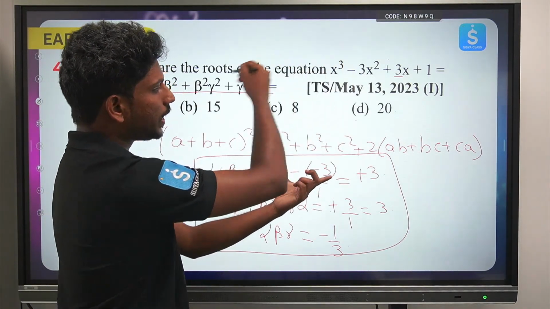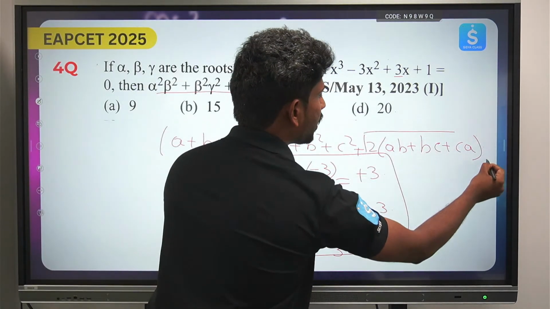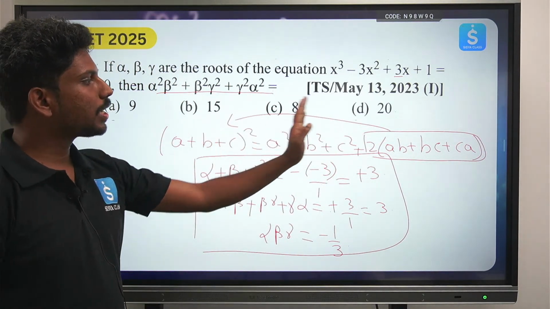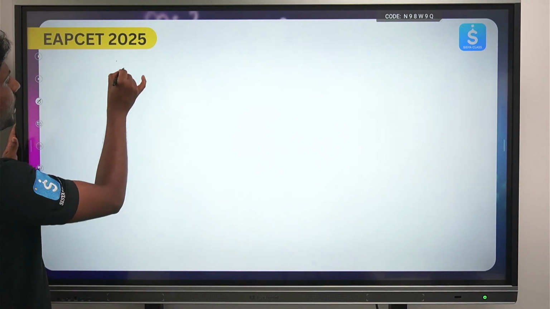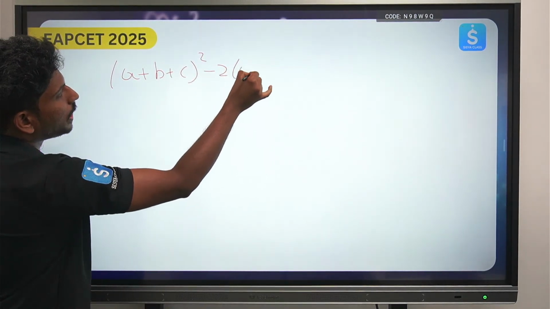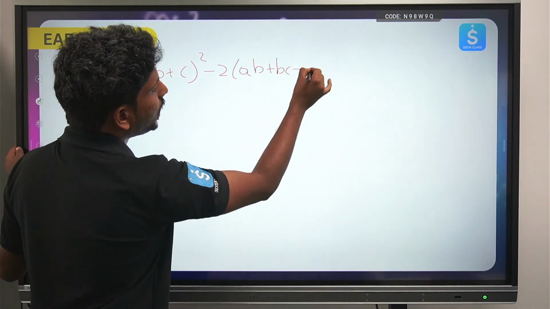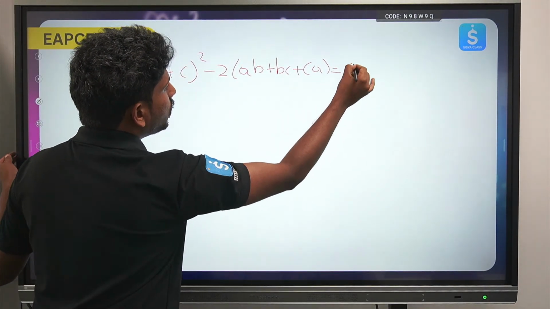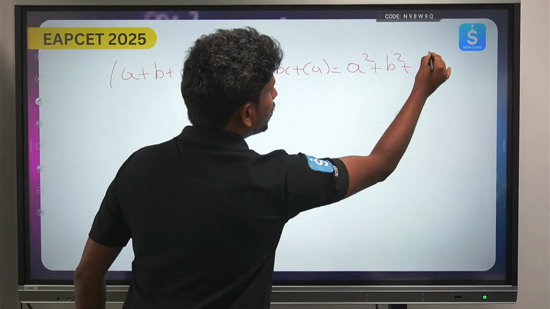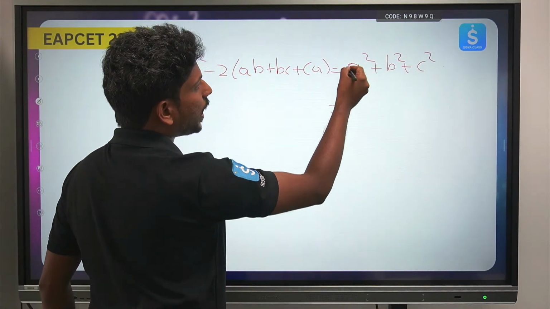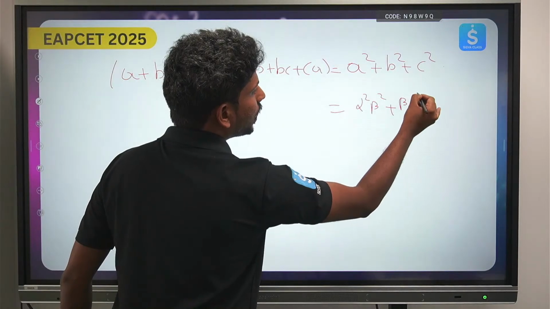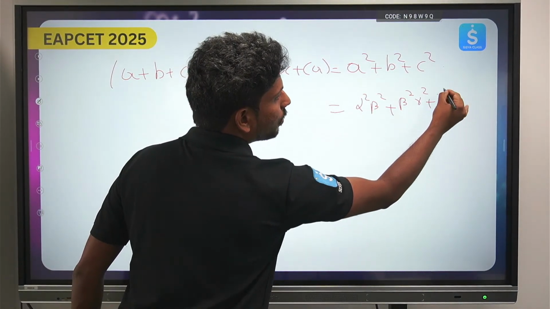If I send everything to the left hand side, then (a plus b plus c) whole square minus 2 times (ab plus bc plus ca) equals a square plus b square plus c square. Now imagine in terms of alpha beta: that will be alpha square beta square, beta square gamma square, and then gamma square alpha square.